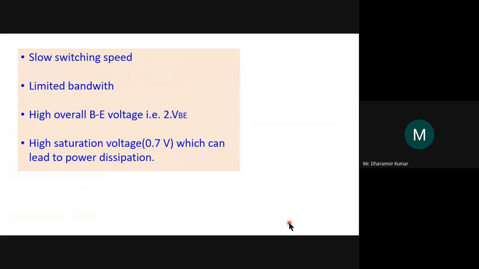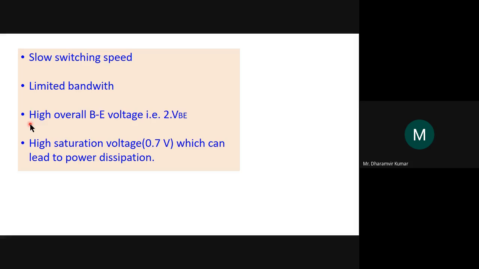Let's go through some of the important points regarding this Darlington pair. It has a slow switching speed. The bandwidth is limited. It will not give you a very large bandwidth.